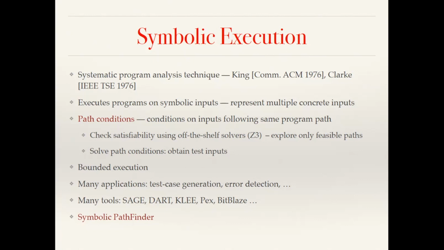For instance, we use Z3 from Microsoft, but there are many other solvers that can be used. If a path condition is found to be non-satisfiable, the analysis stops on that path because intuitively there are no inputs that can follow that path. So effectively the analysis explores only feasible paths.